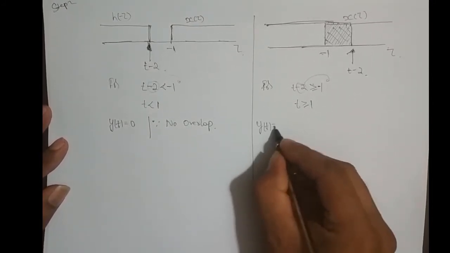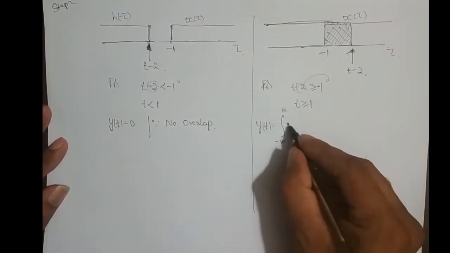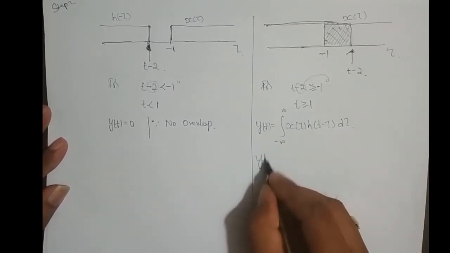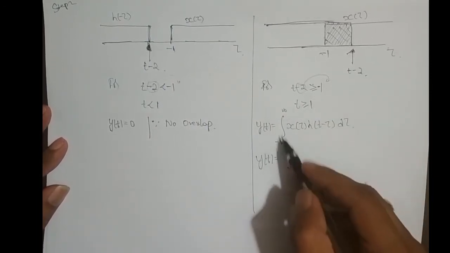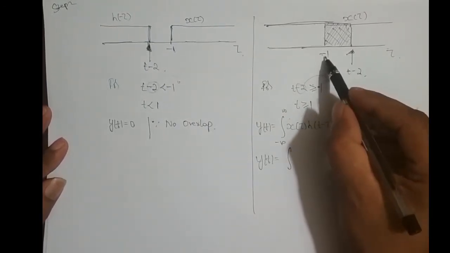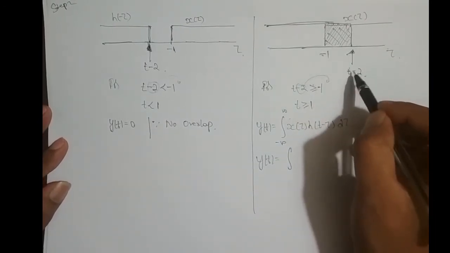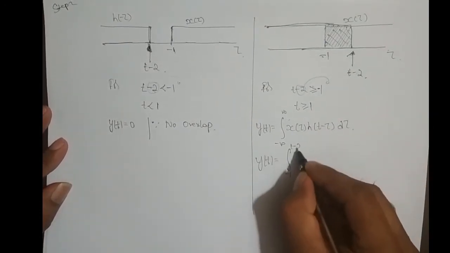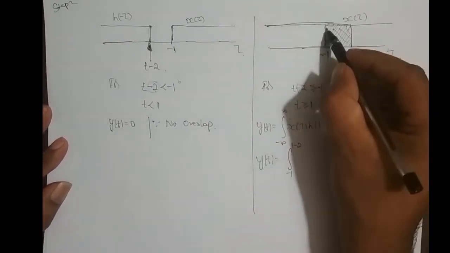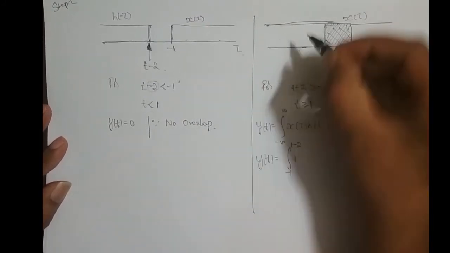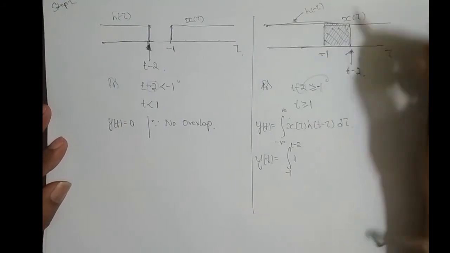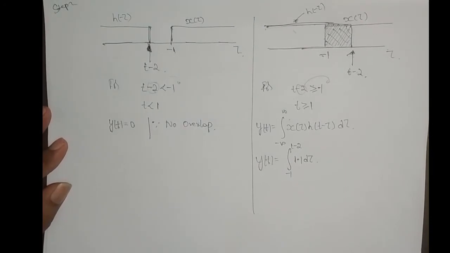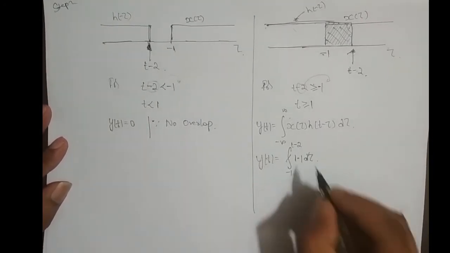What is y of t? Y of t is the integral from minus infinity to infinity of x of tau h of t minus tau d tau. The integration range is the start and end of the overlap region: it starts at minus 1 and ends at t minus 2. What is x of tau? Amplitude is 1. What is h of minus tau? This is also 1, since both are unit step functions. So we are left with d tau, and integration and differentiation cancel out.